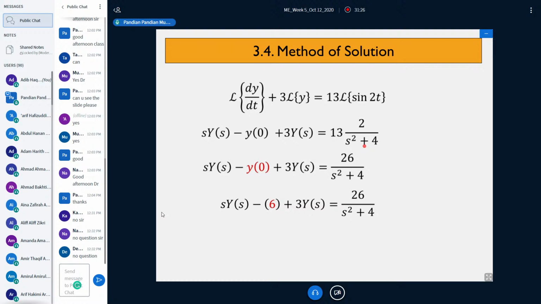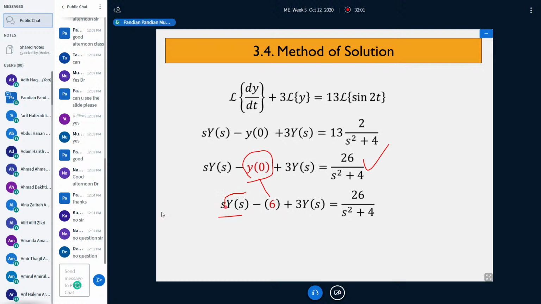When you simplify, sY(s) minus y(0) plus 3Y(s) equals 13 times 2 over s squared plus 4, which is 26 over s squared plus 4. Now sY(s) minus y(0), where y(0) is 6, plus 3Y(s) equals 26 over s squared plus 4.